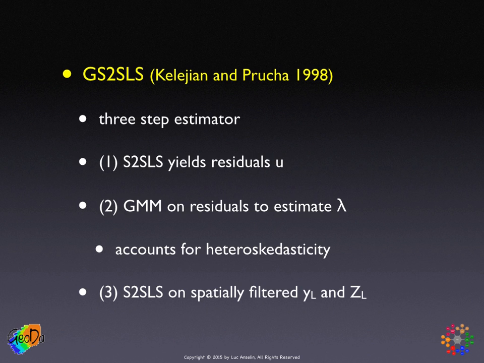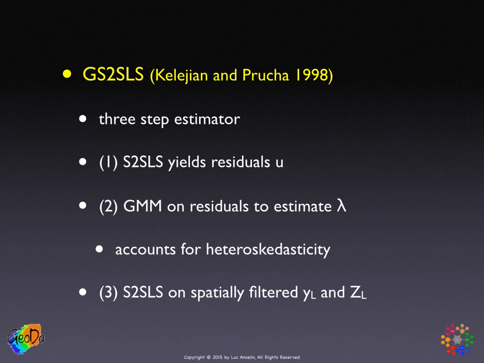The first step is just standard spatial lag estimation using spatial two-stage least squares. So the instruments would be Wx and potentially higher orders of the spatial lag of x. If we have endogenous variables, they will need their instruments as well, but the principle is perfectly general. We get the residuals.